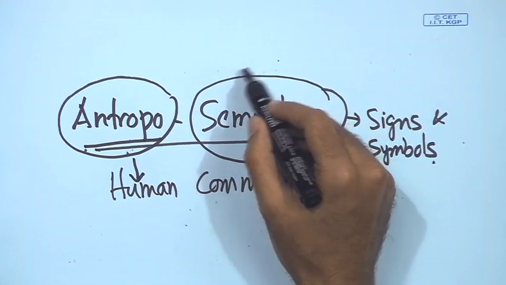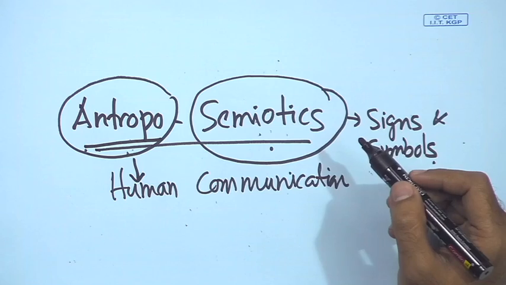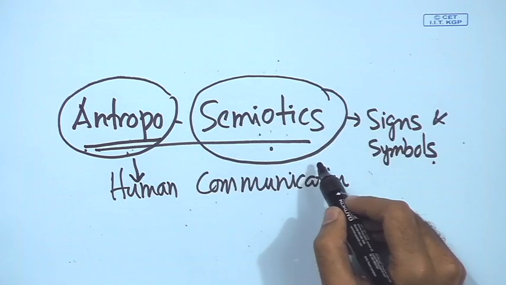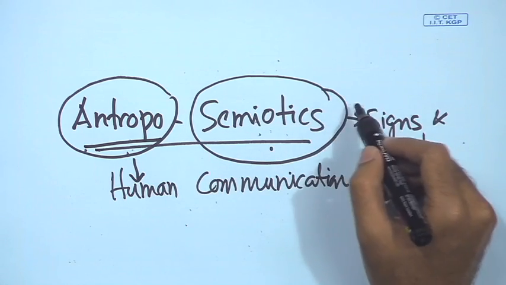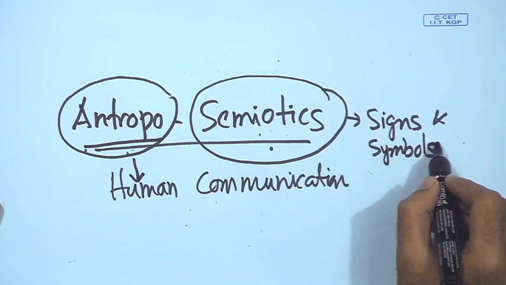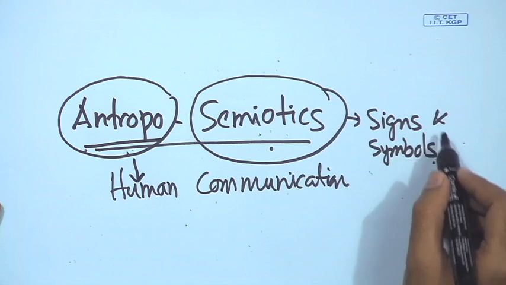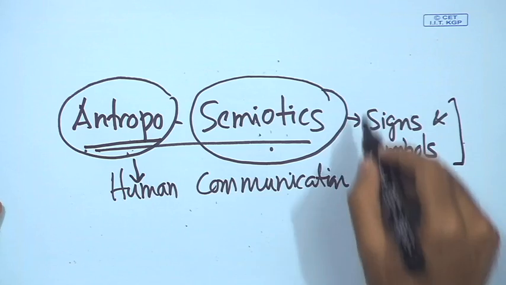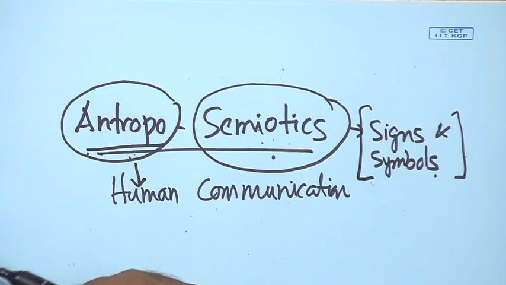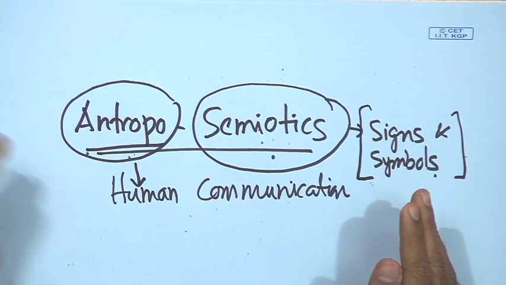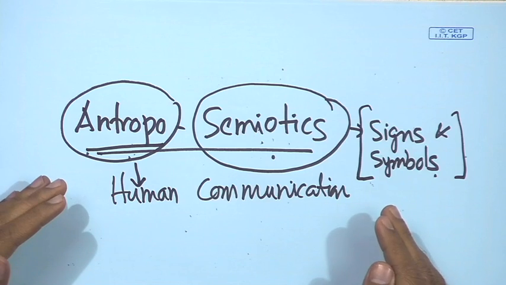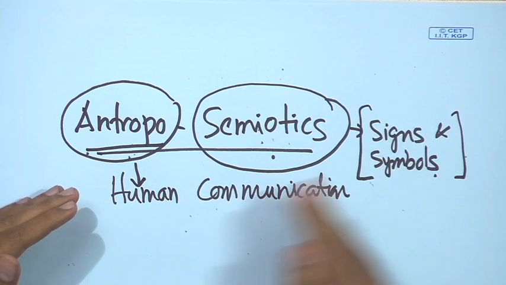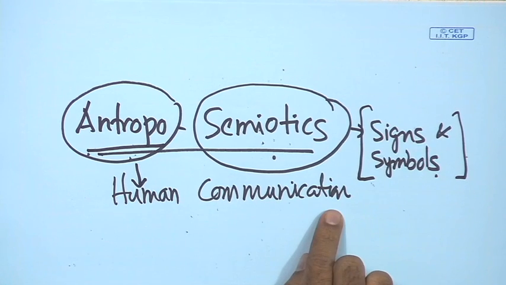And semiotics is vast. In week 2 we will discuss in detail about semiotics, and it has various aspects where we talk about the signs and symbols and various levels and various factors which drive them. So basically human communication is reliant on various signs and symbols, and it is reliant on the communication aspects.